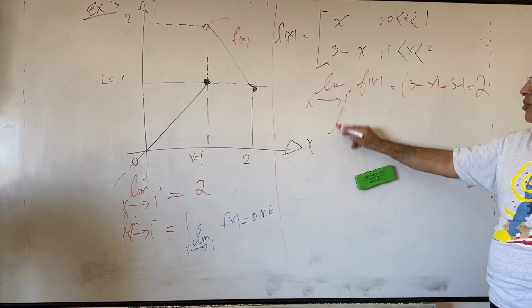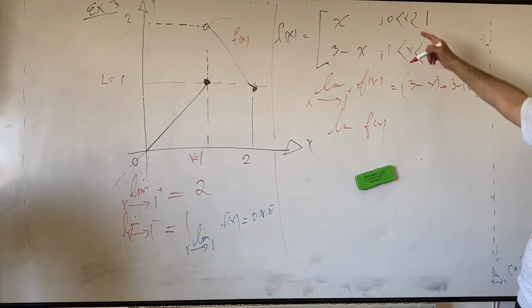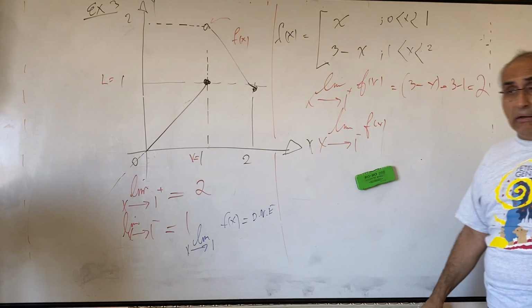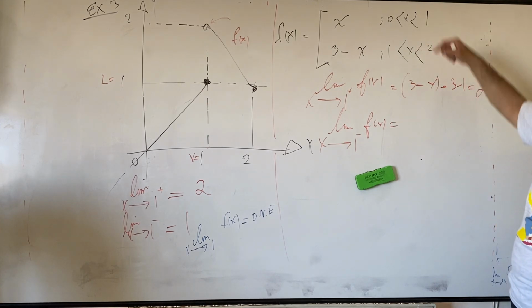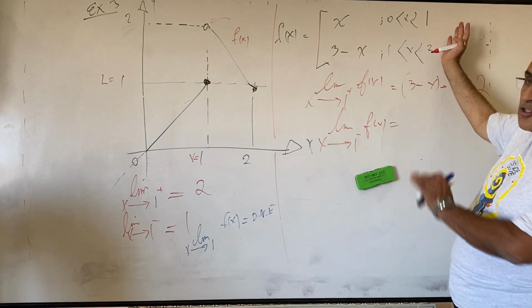How about if I ask you, what is the limit of that function where x approaches 1 from the left? Like 0.9, 0.99. Which of these is to the left of 1? X is less than 1, between 0 and 1. This is to the left of 1.